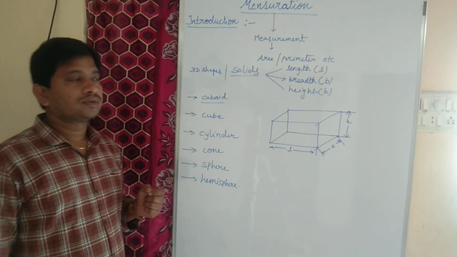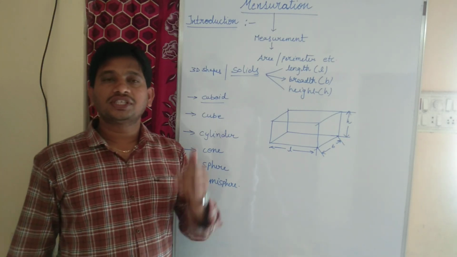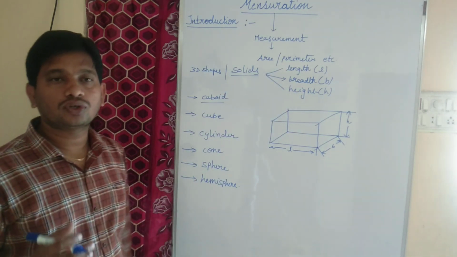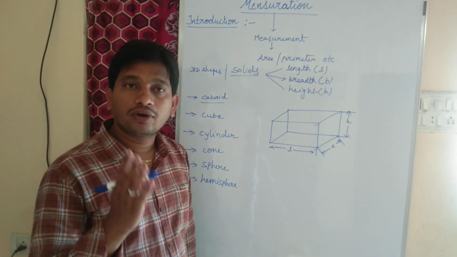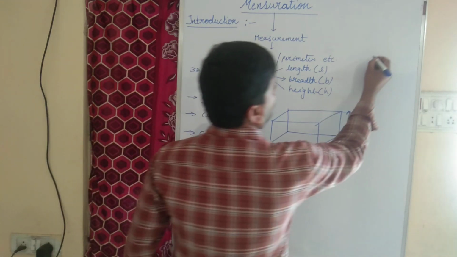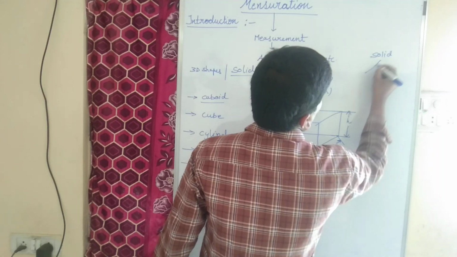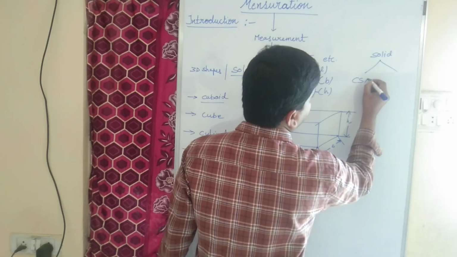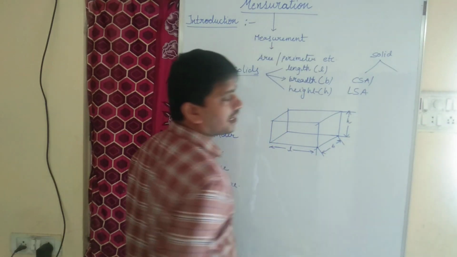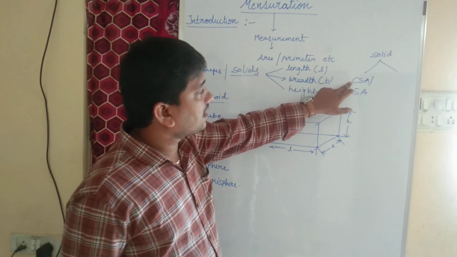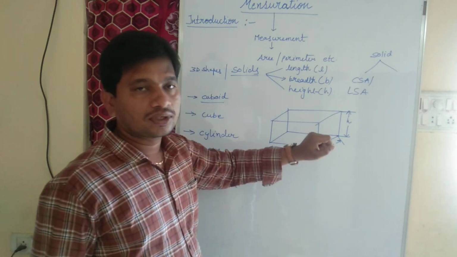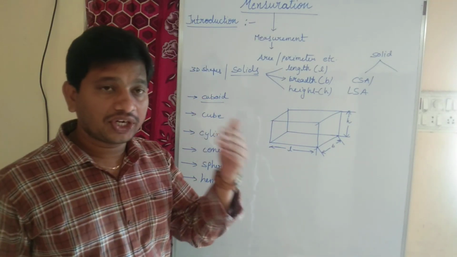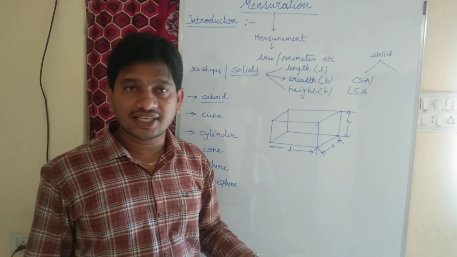So actually mensuration, it is nothing but it is a measurement of area and perimeter. So a solid consists of two areas, namely they are called CSA, or also we call it as LSA. CSA in the sense curved surface area and LSA in the sense lateral surface area. If it is in curved shape, we call it as CSA.